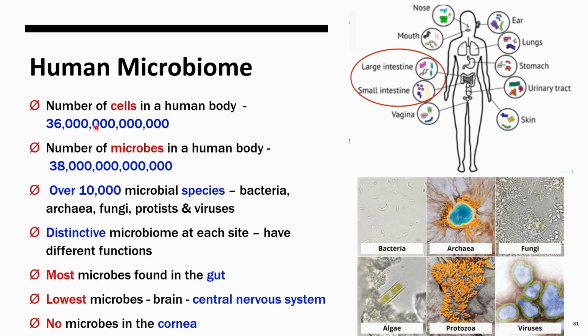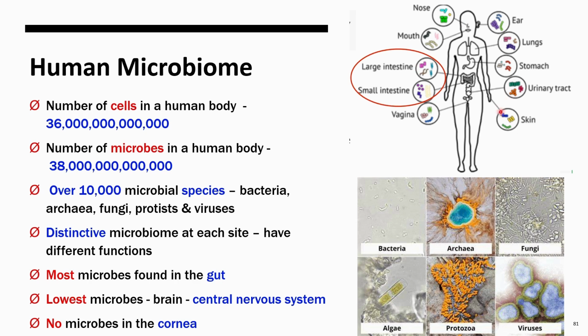So the number of microbes in your body is higher than the number of cells. And there are over 10,000 different microbial species that exist in different parts of your body. It can be bacteria, archaea, fungi, algae, protozoans, viruses. There are many others.